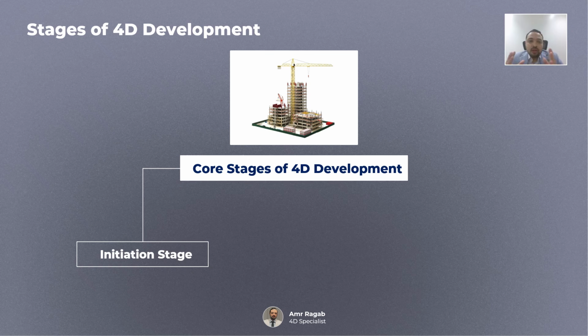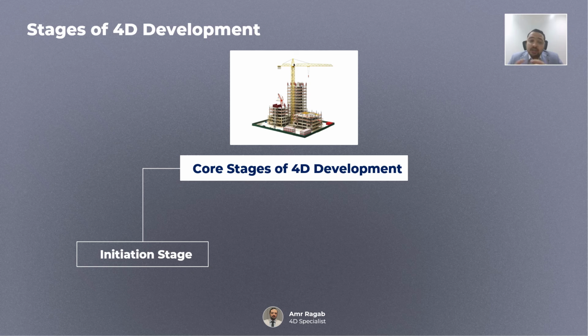Here our main goal is to make sure that the level of detail in the model is properly aligned with the work breakdown structure. In many cases in practice, they give us the design models, not a construction model.